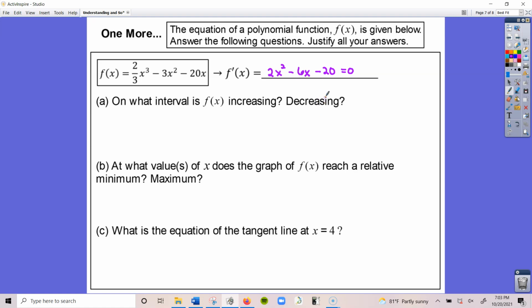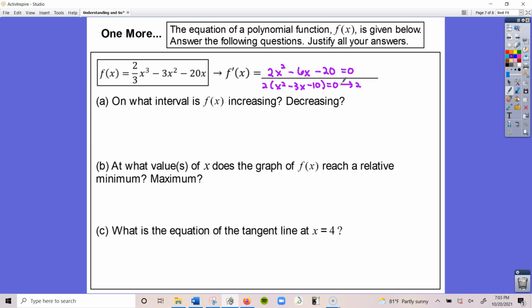Now I need my critical numbers. We're going to need to factor this. If we see all of these numbers, everything is divisible by 2. So I can factor out a 2. Now I can factor that quadratic.